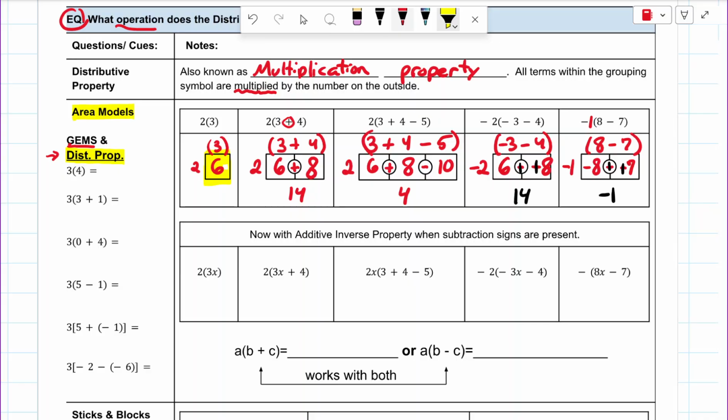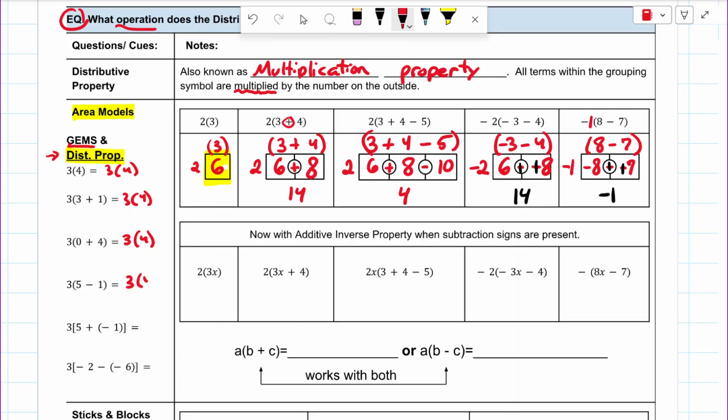Now, in GEMS, we're supposed to do everything inside the grouping sign first. So this one would be 3 and 4 is all set. This one would be 3 and 3 plus 1, that's what we're doing in the grouping sign, is 4. And right here we have 3, and 0 plus 4 is also 4. And here we have 3, and 5 minus 1 is 4.